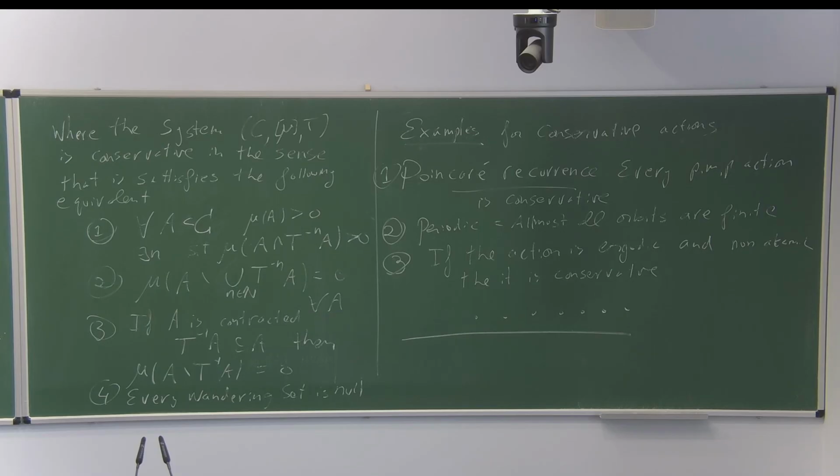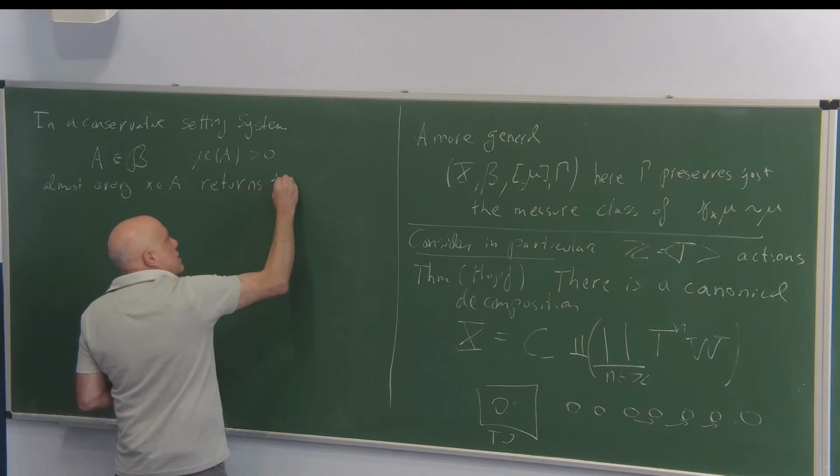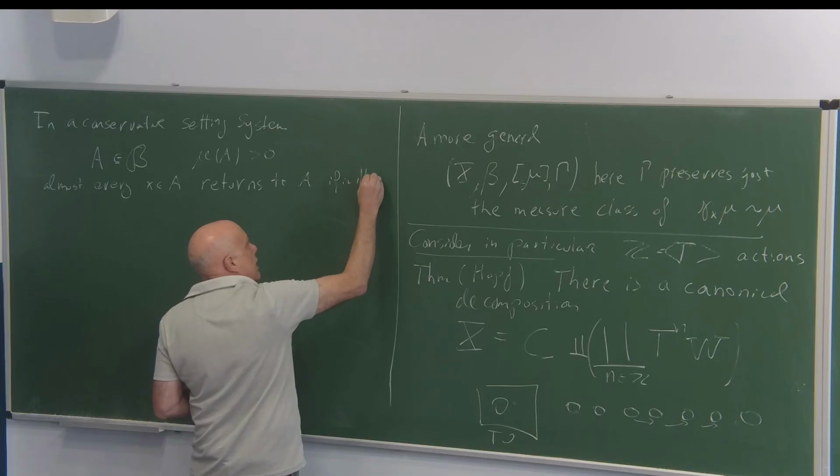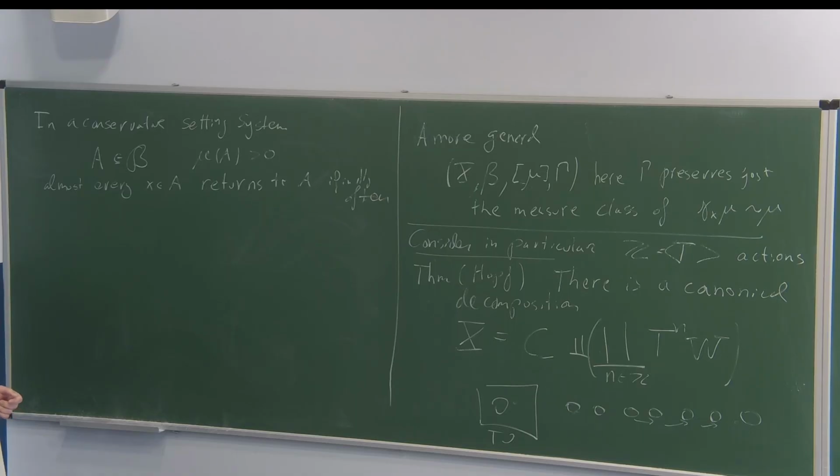So in a conservative system, if A is a positive measure set, almost every x in A returns to A infinitely often. We just said that it returns, but of course it will keep doing that. But I want to make a more deterministic version of this.